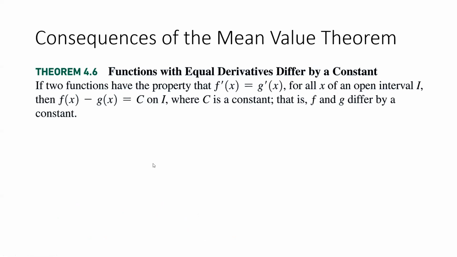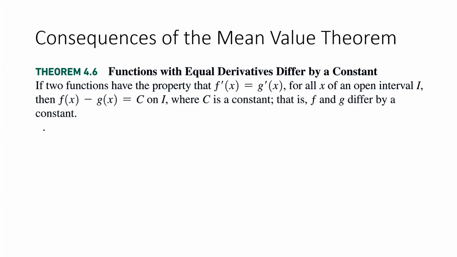And one more consequence of this is that functions with equal derivatives differ by a constant. If two functions have the property that f prime of x equals g prime of x for all x on an open interval I, then f of x minus g of x equals a constant. So that means that f and g are basically the same function with just maybe a different constant.